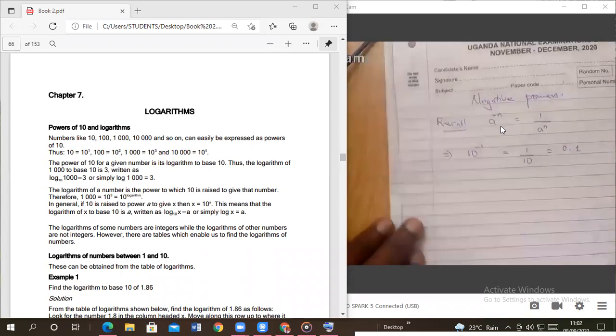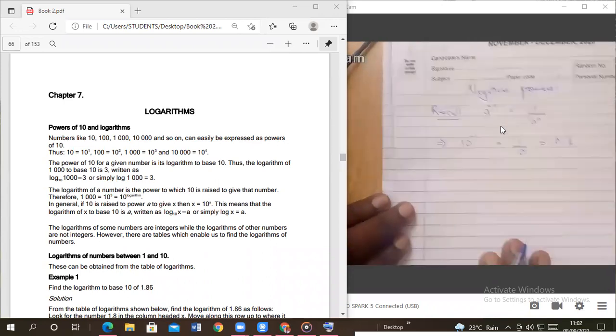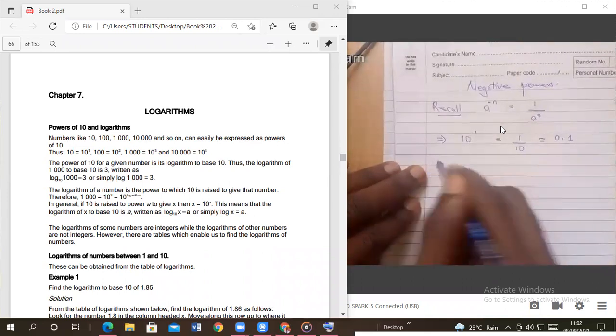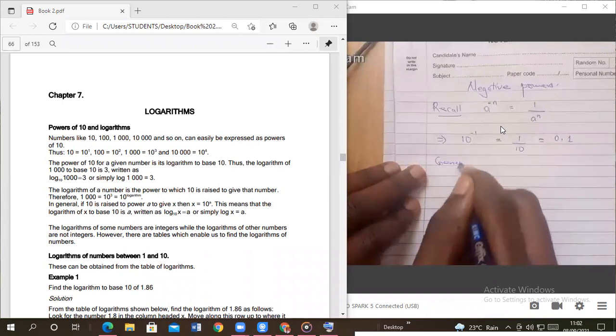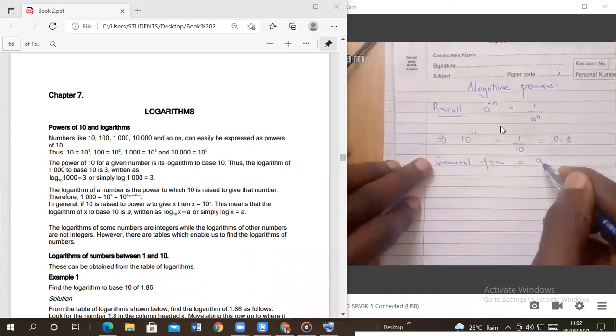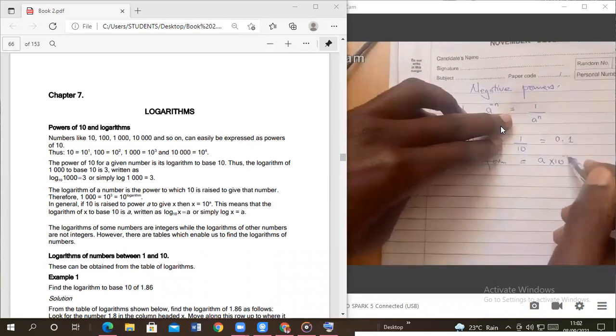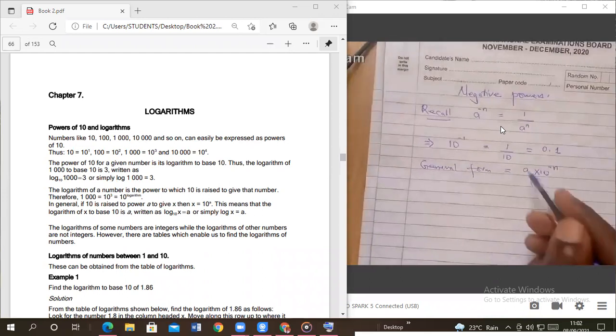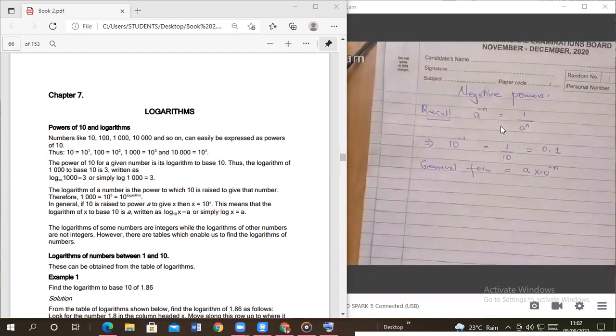let's write. So which means we are going to have the general form A times 10 to the power negative n, where A must be a single digit.